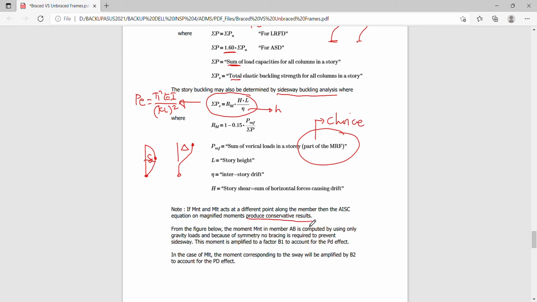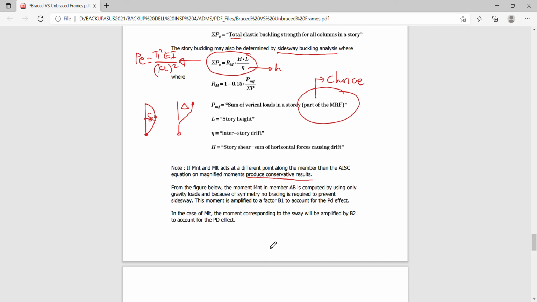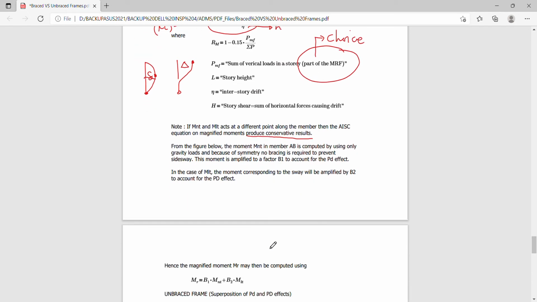produce conservative values. From the figure below, the moment MNT in the member is computed by using only gravity loads, and because of symmetry, there is no bracing required to prevent the side sway. So this moment is amplified by a factor of B1 to account for the P delta effect, and in case of MLT, the moment corresponding to the sway will be amplified by B2 to account for the big delta effect.